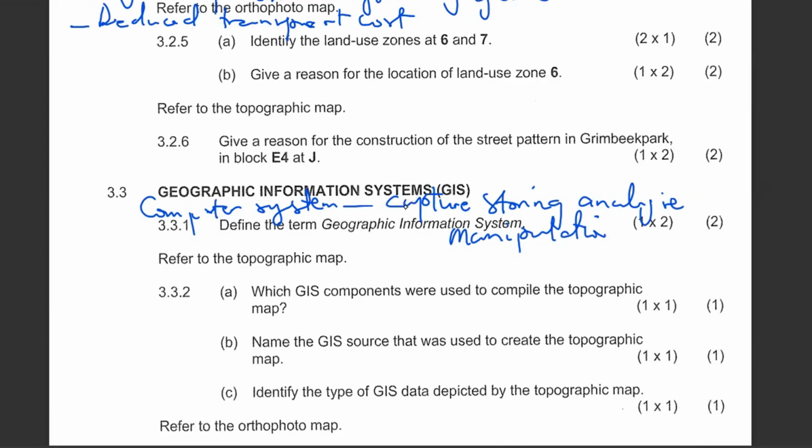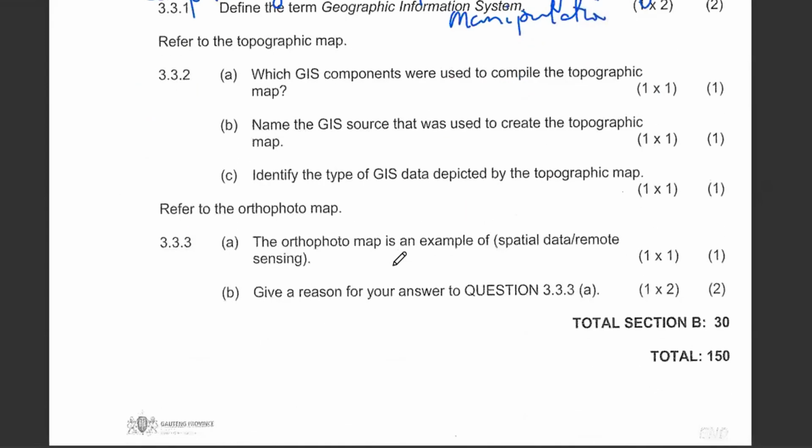So basically, when we're looking at GIS, we're looking at the application of computer technology into the study of geography to do all those pieces of geographical work like capturing data, storing the data, analyzing it, manipulating it when you want to change it. That is basically the GIS or the geographical information systems.